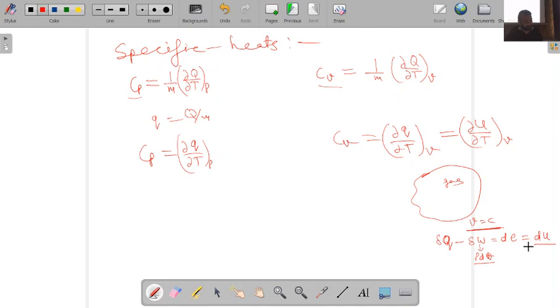Similarly, if you do it at constant pressure, what will happen? If you are heating at constant pressure, so that the pressure of the gas should not increase upon adding heat, you have to increase its volume. So there will be changes in volume also. Writing the first law, del Q minus del W will be P into dv, in specific form, equal to du.